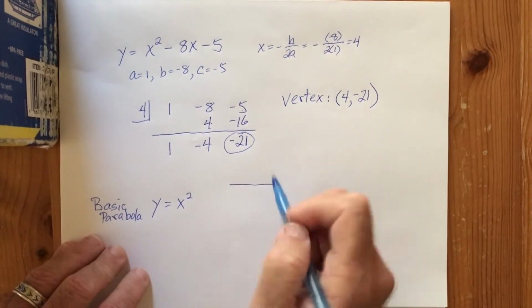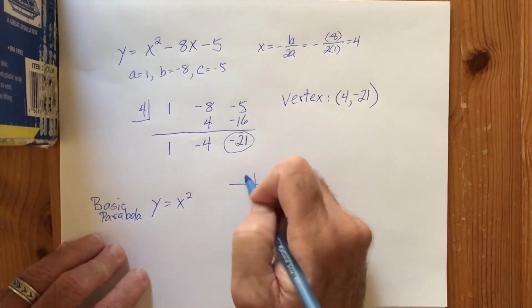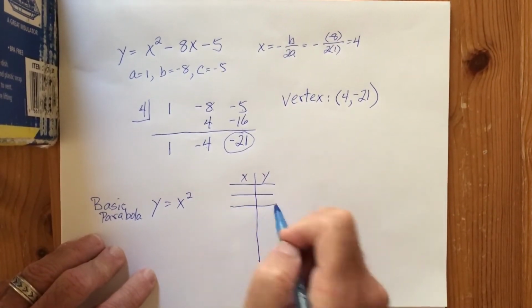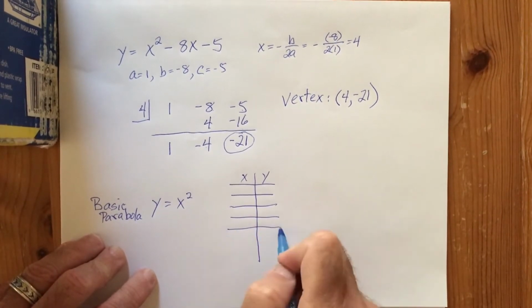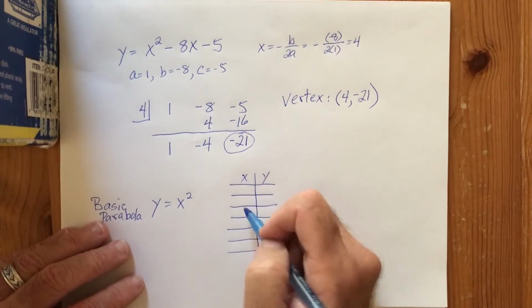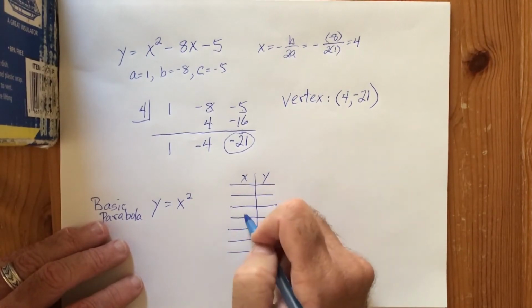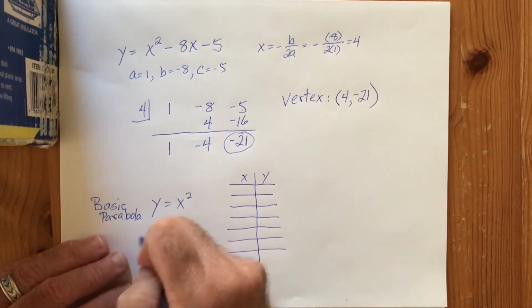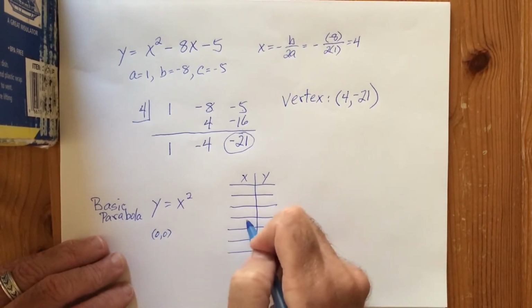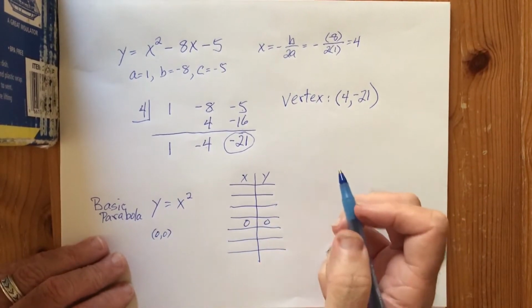And if we make a t-chart for our basic parabola, it looks like this. And we're going to put the vertex of the basic parabola, 0, 0. So we're going to write that in here like this.